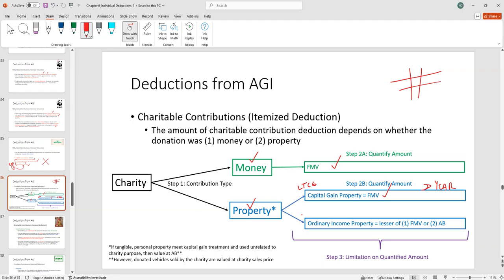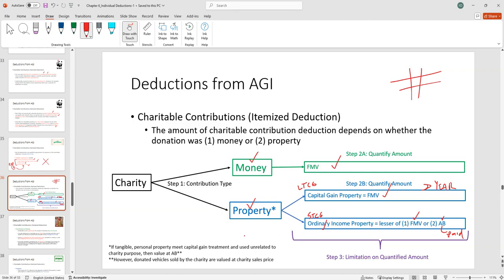If not, if it's not capital gain property, for example it's a short-term capital gain, then it would be ordinary income property. So basically we'll look at that one-year mark. Oh, okay, if we sold this, it would be taxed at ordinary rates, up to 37%, not that preferential rate of 0, 15, or 20. In this case, we would pick the lesser of the fair market value, what it's worth, or the adjusted basis. Typically, that just means what we paid for it. That's the general rule, the general framework.